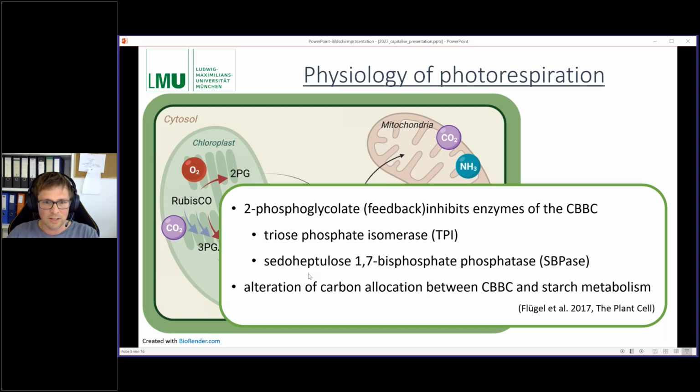And this, of course, then has an immediate effect on the regulation of metabolism, and can lead to an alteration of carbon allocation between the CBBC and starch metabolism, but also, as a consequence of that, to soluble sugar metabolism.